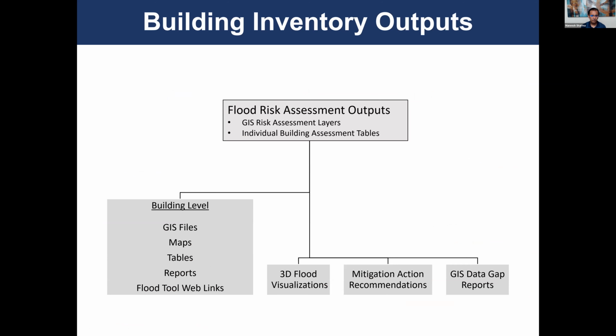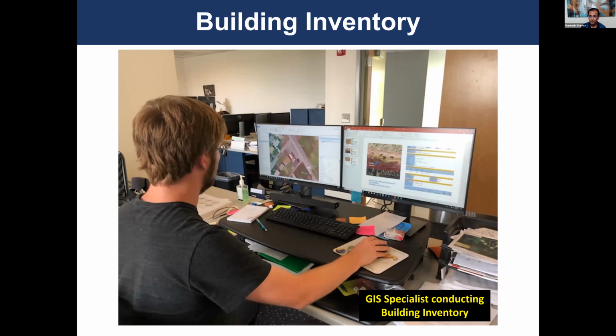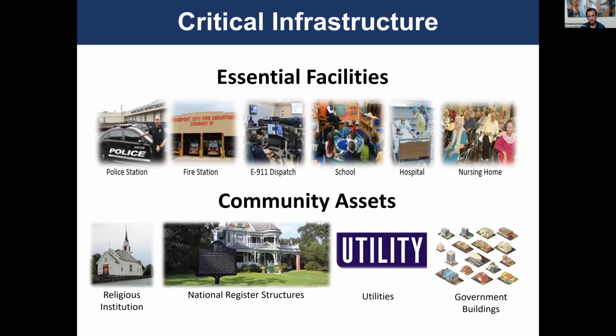And all this goes to the Flood Tool. Then at the building level, because we have other attributes associated with it, 3D visualizations can be done, data gap reports, and hopefully then mitigation action recommendations for communities. This is one of the images of students working on the building inventory in Tech Center.